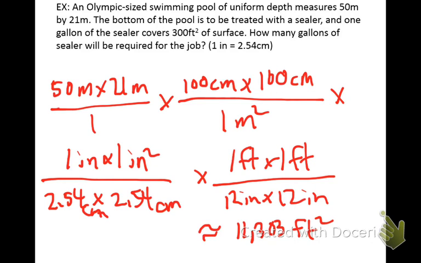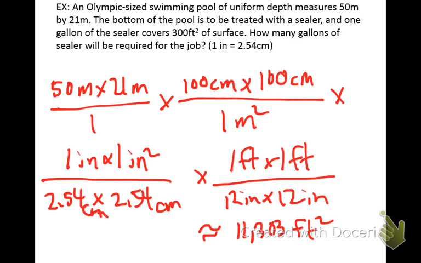So take 50 times 21 times 100 times 100 times 1, and then you divide by 2.54, then you hit the division button again and divide by 2.54 again. Division again, 12. For each time you divide, you just keep dividing, rather than try to group things. I think it's easier just to do it as a string.